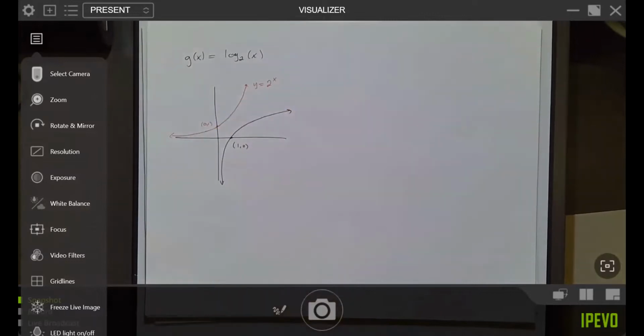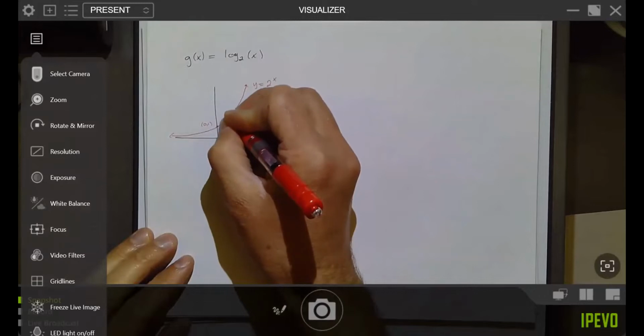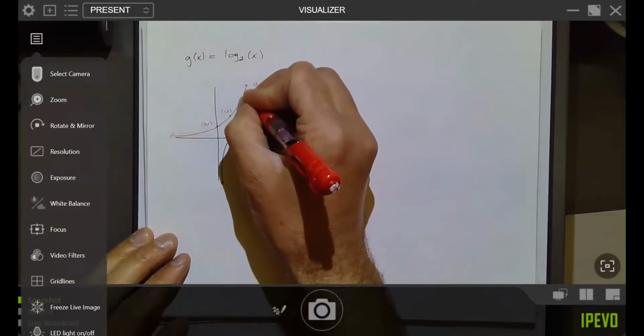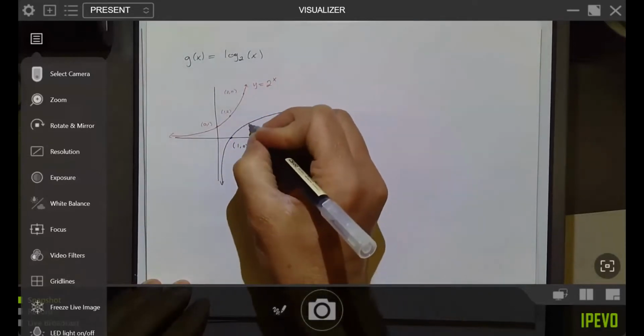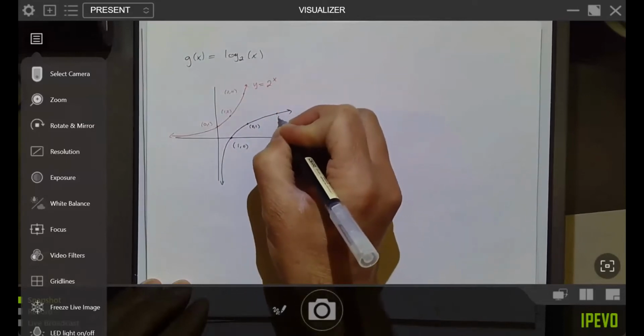And if I were to plot other points, like say on this graph, I have the point 1, 2, or the point 2, 4. On the logarithmic graph, I have exactly the opposite xy pairs. I really should say the inverse, right? They're the inverse pairs. I have the point 2, 1, and I have the point 4, 2.